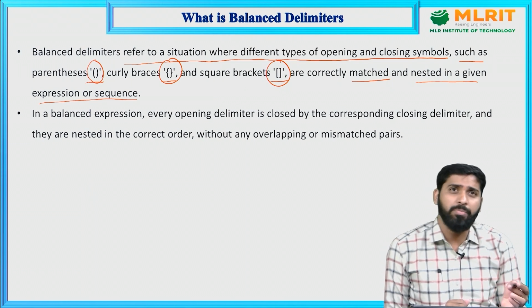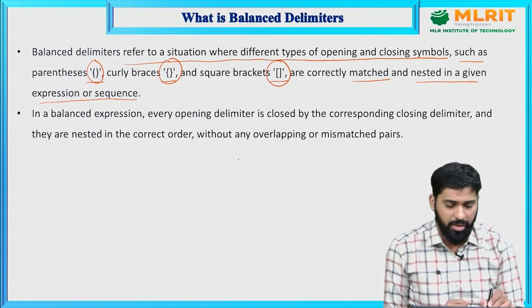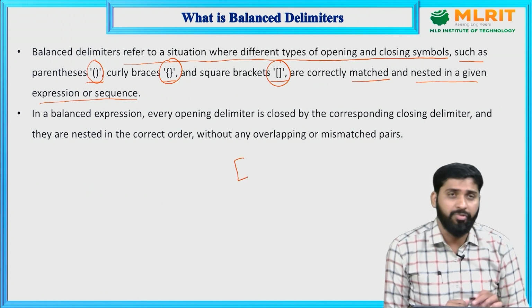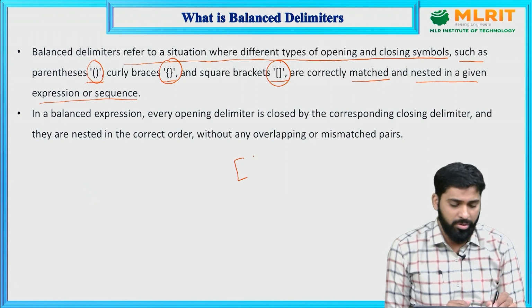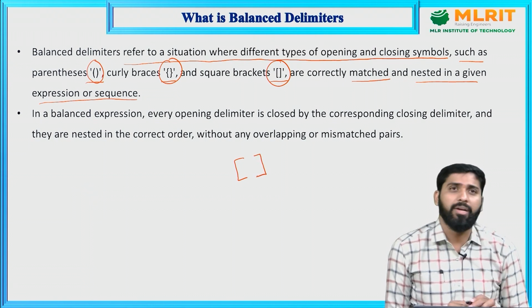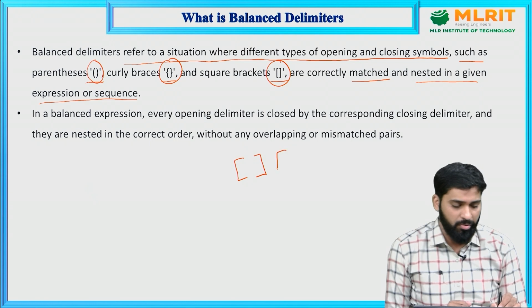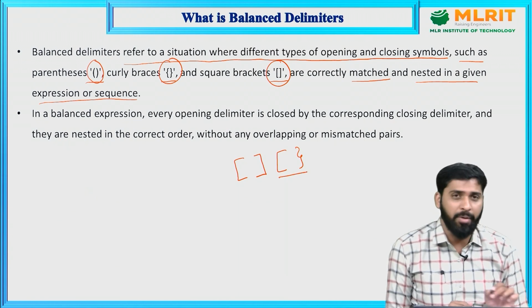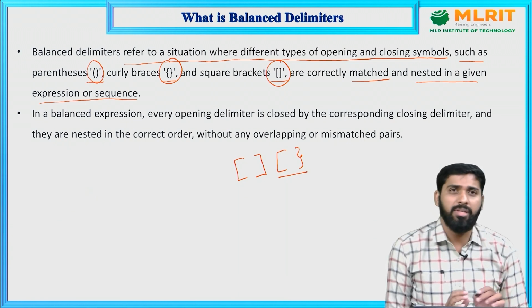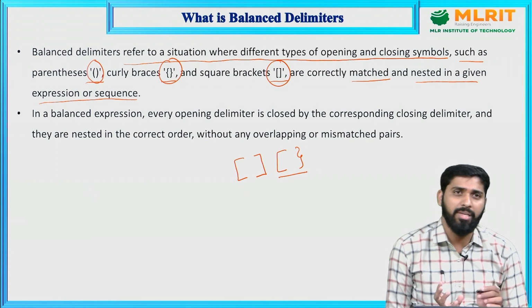Balanced delimiters means they are correctly matched or not. For example, if I open a square bracket, we use a closing square bracket for it. If I open with a square bracket and close with a curly bracket, then it is unbalanced. So this is the definition of balanced delimiter.